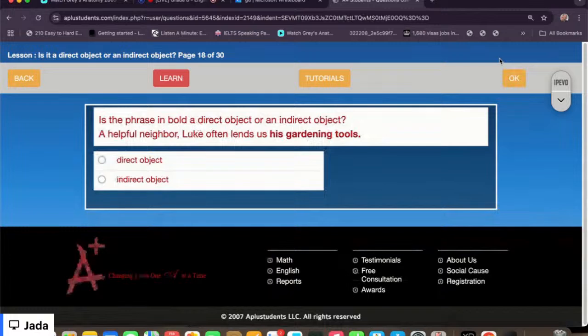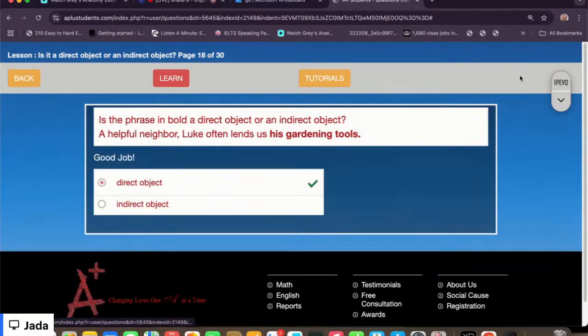So a helpful neighbor Luke often lends us his gardening tools. What do you think? So we have direct object gardening tools.